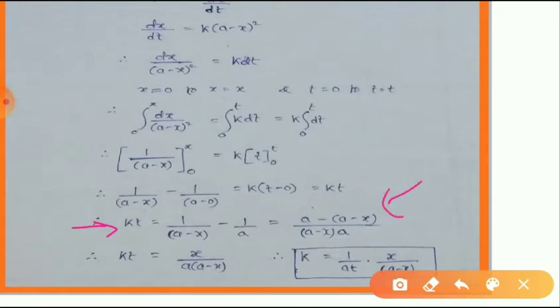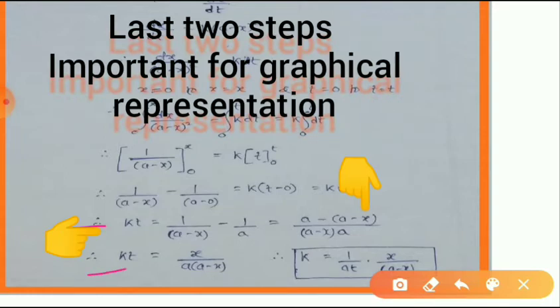If you see here, the a will get cancelled, because plus and minus, again the minus of minus becomes plus, that is the x. The x upon a into a minus x. So finally we get kt equals x upon a into a minus x.